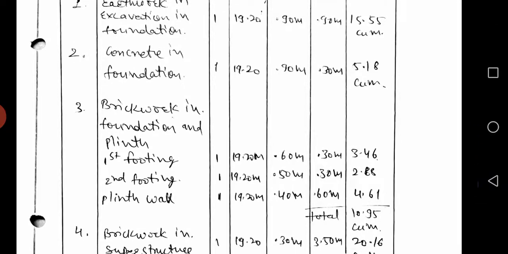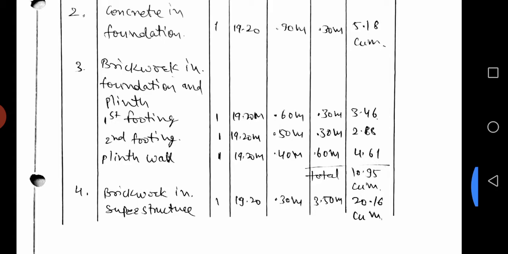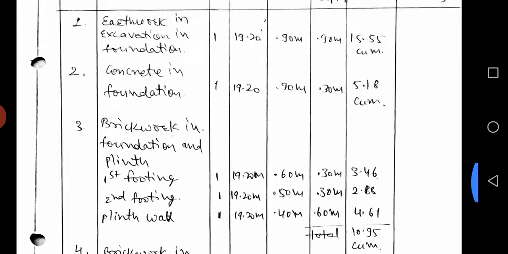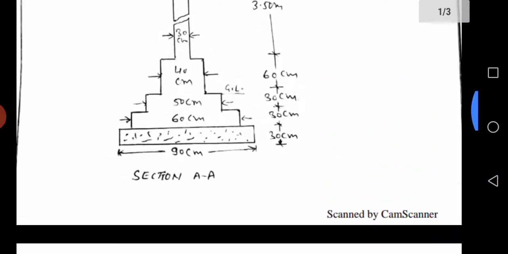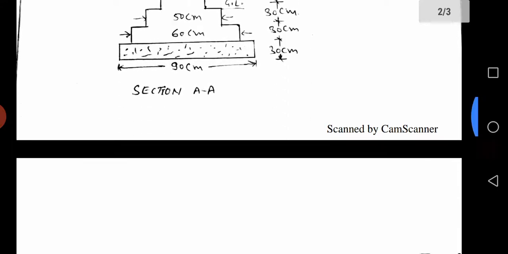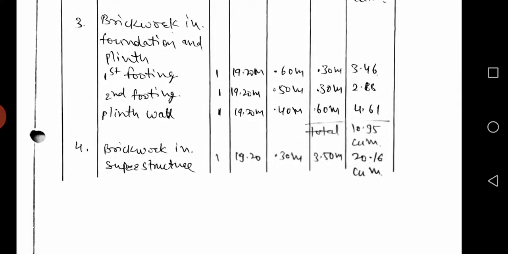Then the third one is brickwork in foundation and plinth. First we calculate the first footing: number is 1, 19.2 meter is the length, and the width is 60 centimeter as given in the question. Then 0.6 and height or depth is 0.3 meter, so it comes to 3.46 cubic meter. Then second footing similarly, 19.2 meter, 1, then the width is 0.5 meter, and in cross section 0.3 meter is height or depth.